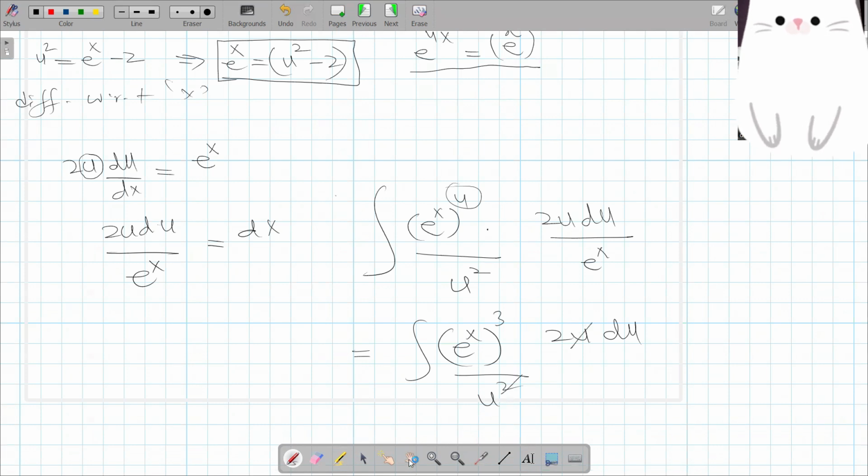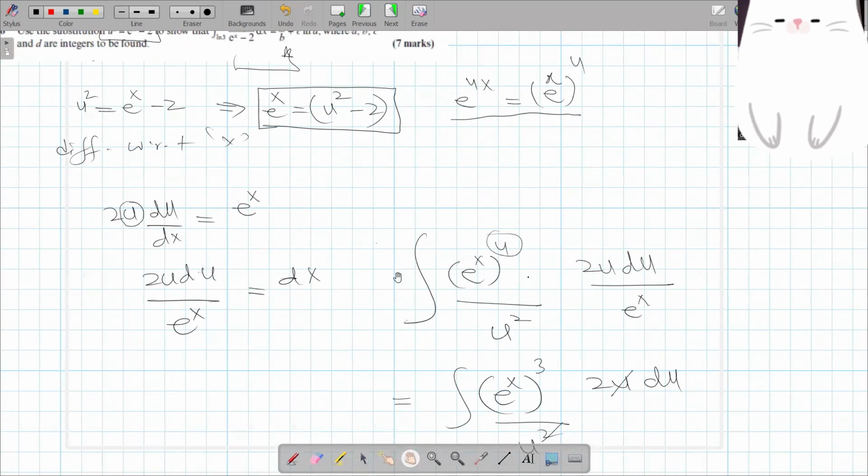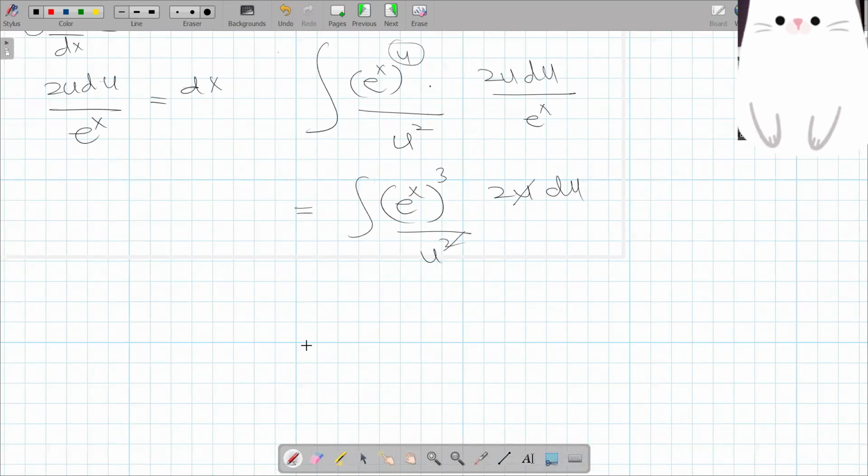So e to the x is equal to what? u squared plus 2. So we get (u squared plus 2) to the power 3 divided by u. Is it not still times u? Oh no, because of the 2u, right.